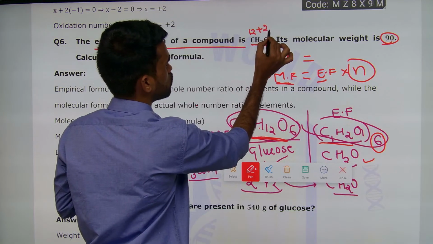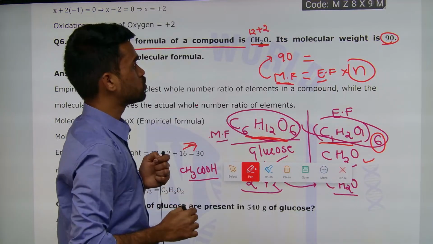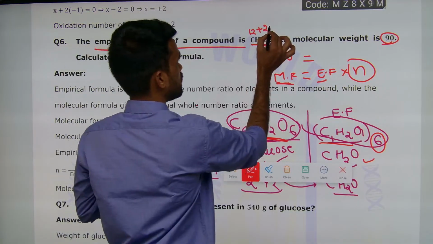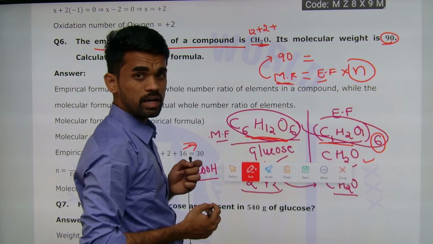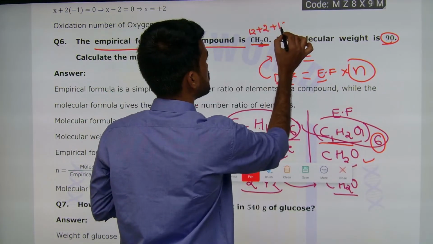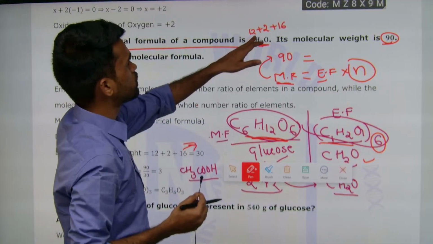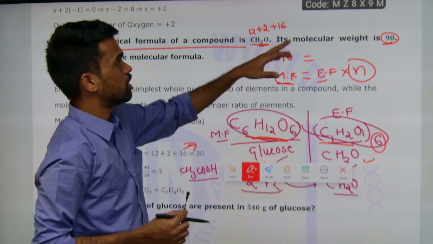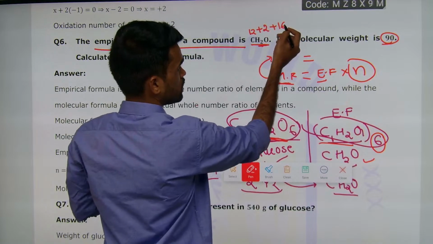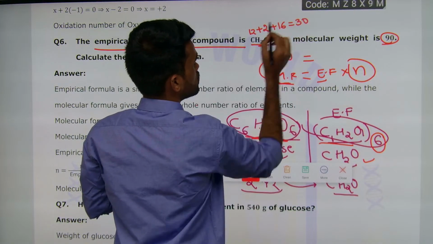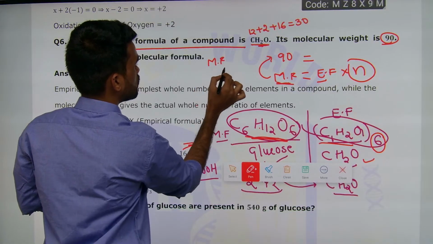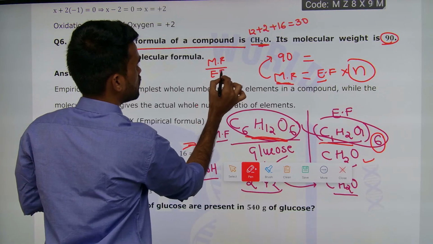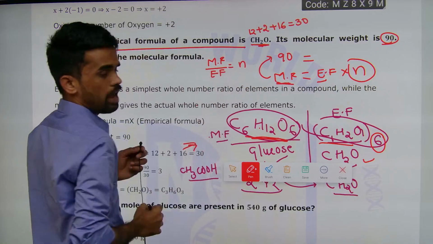Hydrogen means 2 hydrogens are there, each one is 1, so plus 2. Next, oxygen's atomic number is 8, so its atomic weight is 16. So just try to add them. So 14 plus 16, it will become 30 here. So molecular formula weight by empirical formula weight will give you this number n.